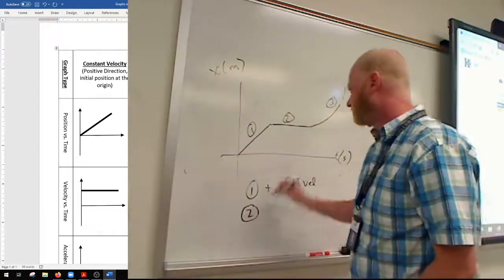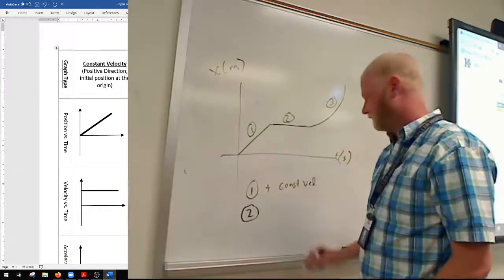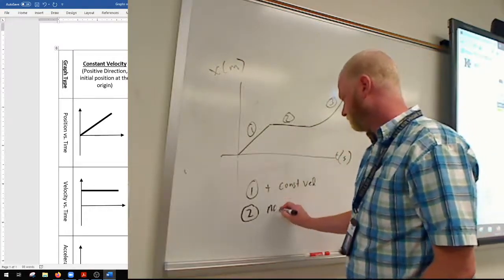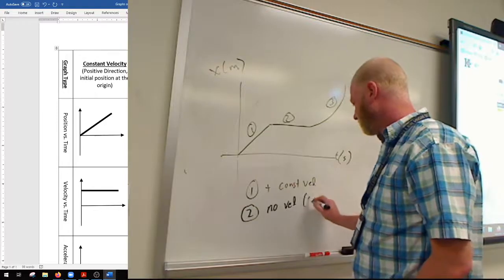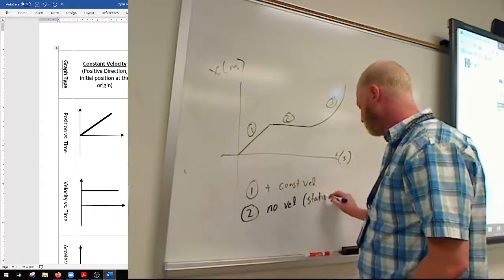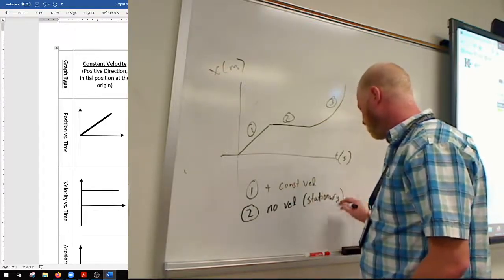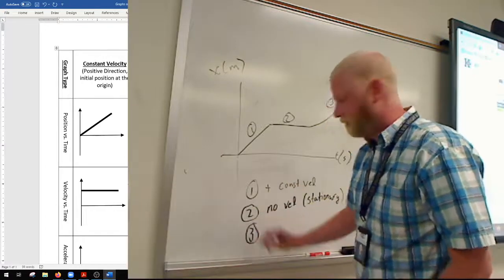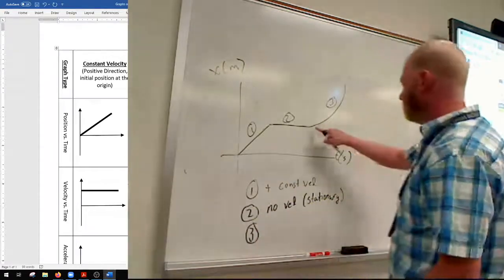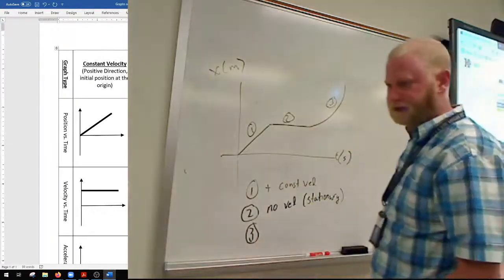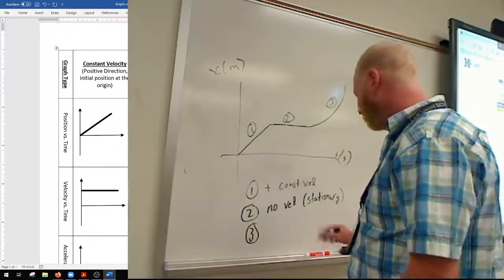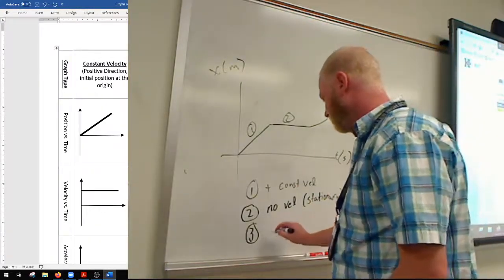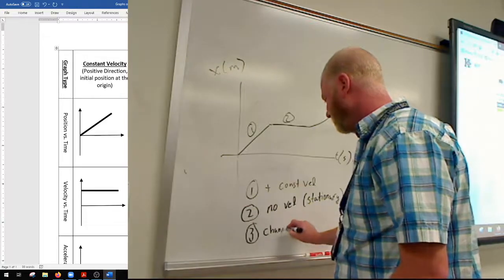If we look at section 2, what does section 2 tell us? Well, no velocity, right? It's stationary. What does section 3 tell us? We've got this exponential curve right here. Well, it tells us that you have changing velocity, right?